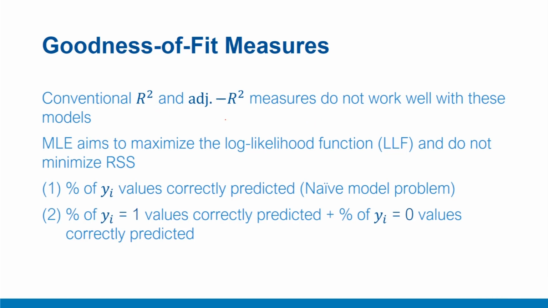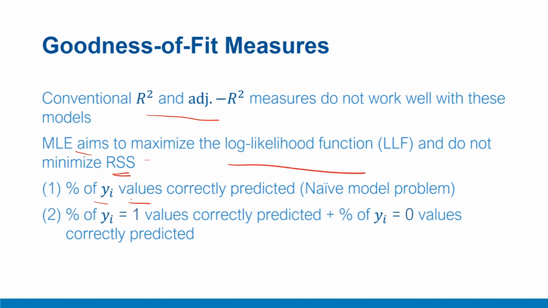Remember, the conventional R square and adjusted R square measures do not work well with the logit and probit class of models, for the simple reason that unlike OLS, ordinary least squares regression, where we minimize the residual sum of squares, RSS, of the error terms, MLE aims to maximize the log likelihood function that we just discussed, which is the sort of joint probability maximization. And therefore, the conventional R square and adjusted R square measures do not work well. So there are two very simple and very intuitive measures that are employed for logit and probit functions.